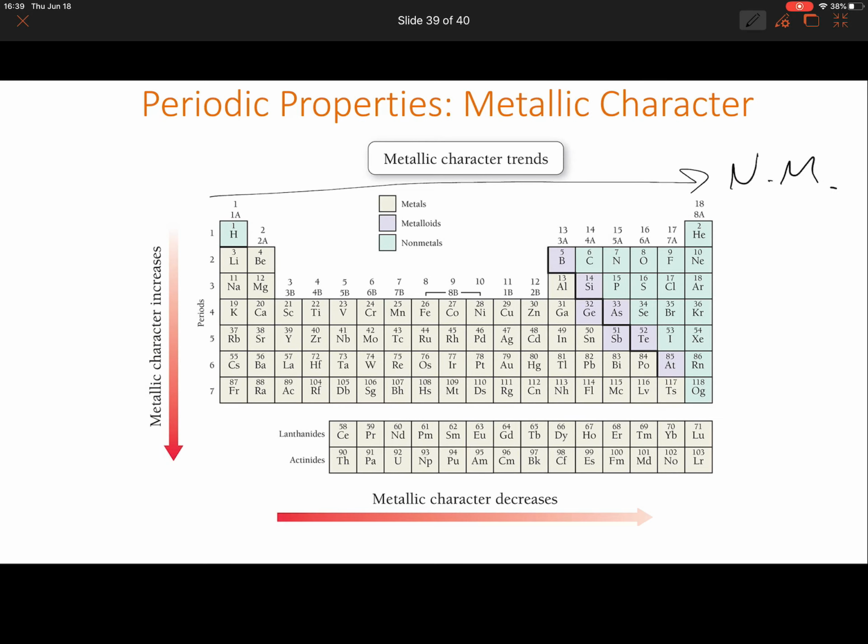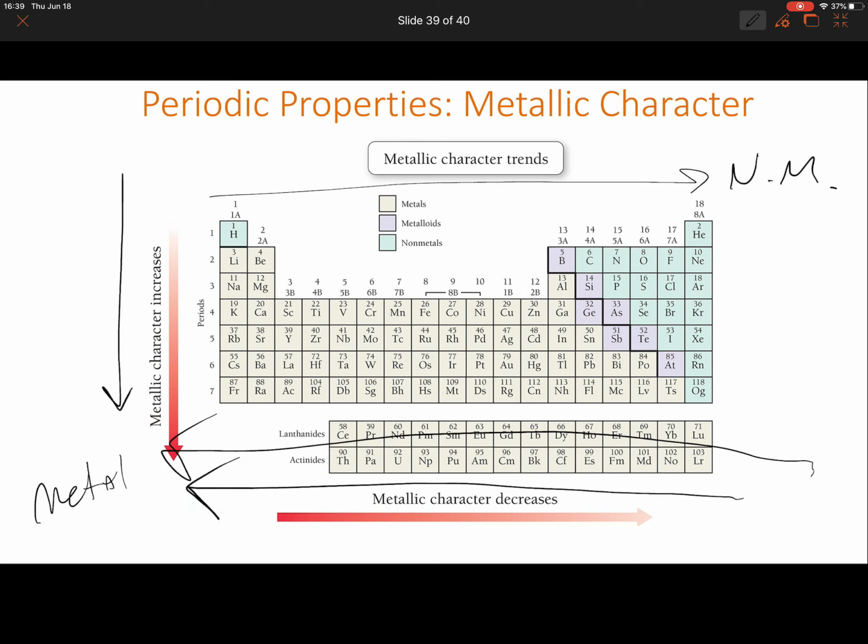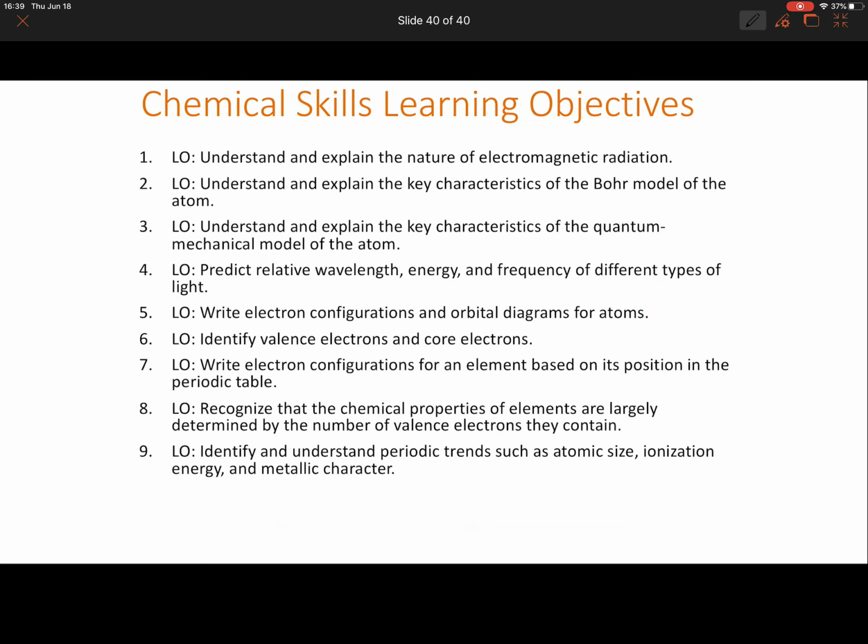And as we move this way on our periodic table, where elements are getting bigger and have less ionization energy, where they actually want to get rid of their electrons, we call that more metallic. So if we wanted to say more, we'd say more metal down, more metal to the left. So this would be the exact same trend as the size trend. So metallic follows size. And you can even say the bigger an atom is, the more metallic it would be.